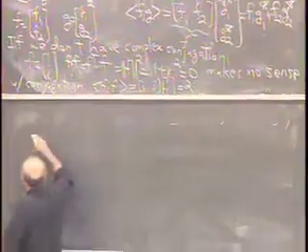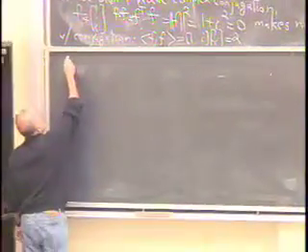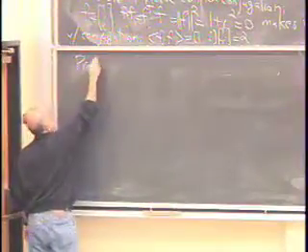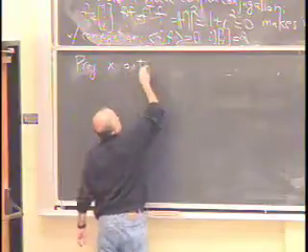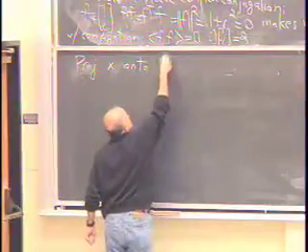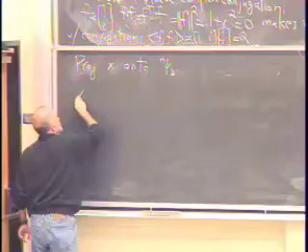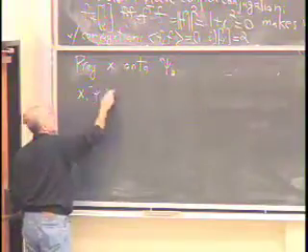Now, back to our expansion. I want to project x onto phi 0. So I take the inner product to find C0, sorry. Which means I have to do this.